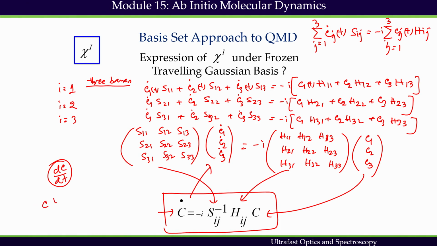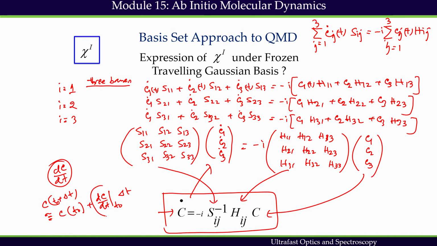If we want to know the coefficient c after time t plus delta t, it is going to be c at t naught plus dc/dt at t naught multiplied by delta t, if delta t is very, very small. This is the Taylor series expansion up to the first derivative.